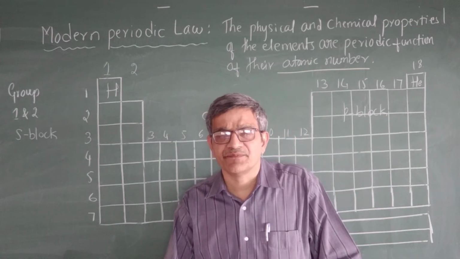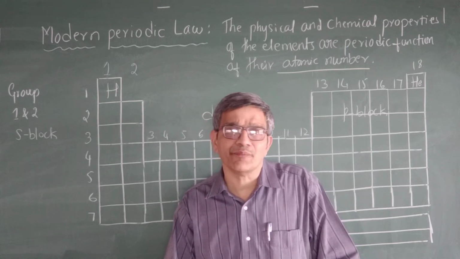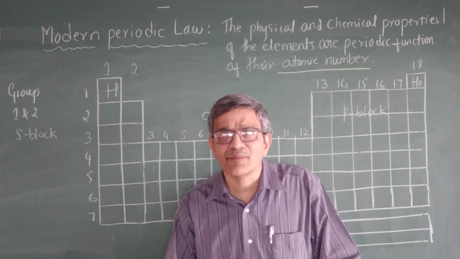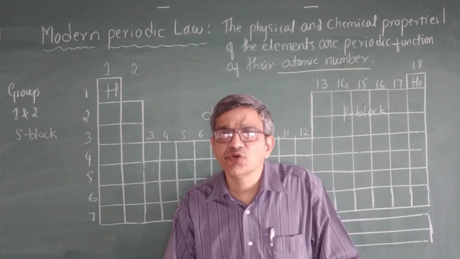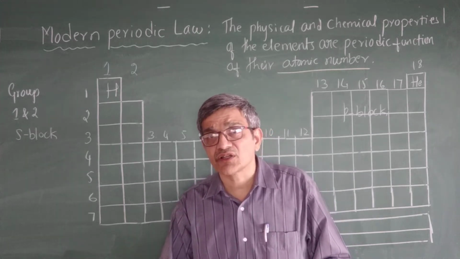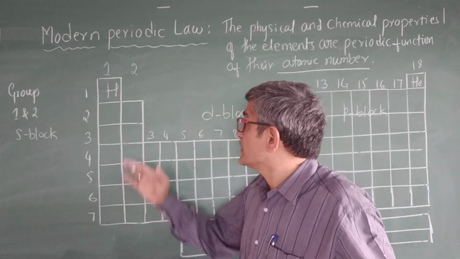We have to name that, and also the word ends with IUM, just like potassium, sodium, calcium, magnesium. The name must end with IUM. Okay, so let us take what the notations are and what the rules to be followed. Okay, I hope you have followed this.